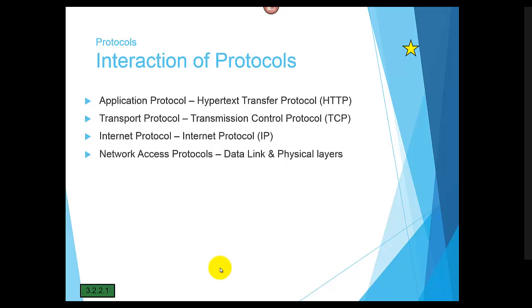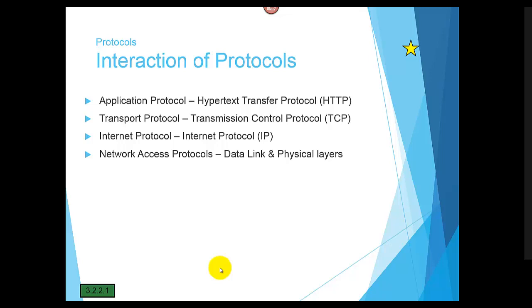TCP controls the size and rate of the messages exchanged between server and client, and TCP also segments messages and manages the segments into individual conversations between the web server and the web client.